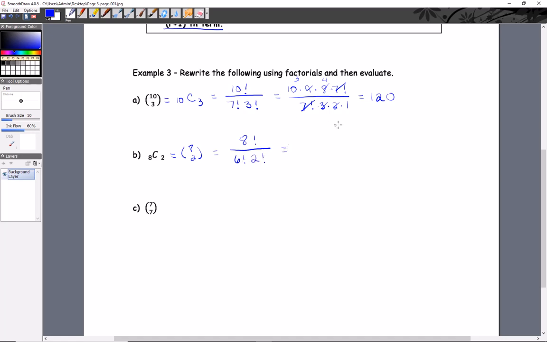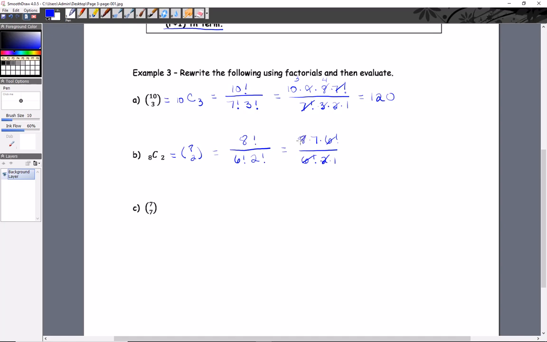And if you follow this process here, you're going to want to expand your 8 factorial down to 6 factorial. So let's just go to 8 times 7 times 6 factorial to get a match with this 6 factorial. And then the 2 factorial is just 2 times 1. All right, so gone, gone.